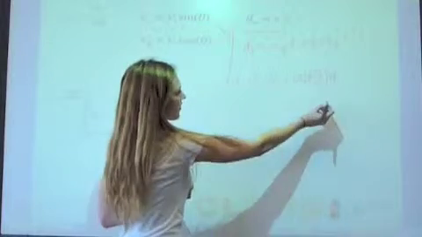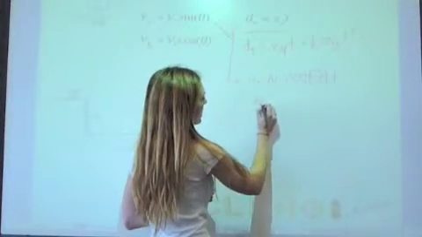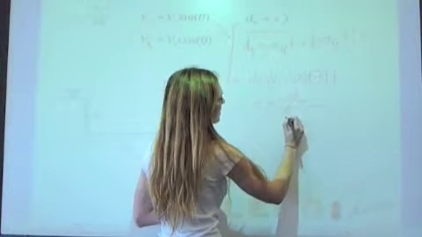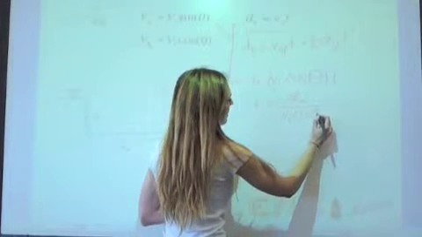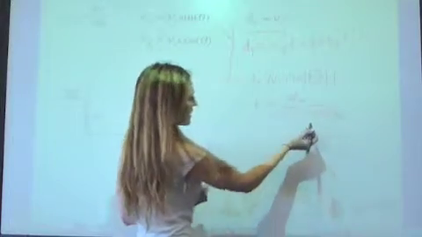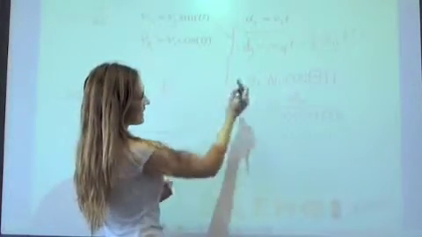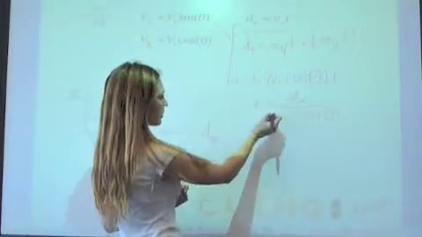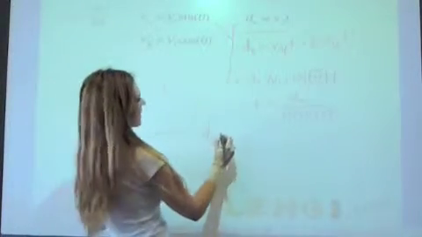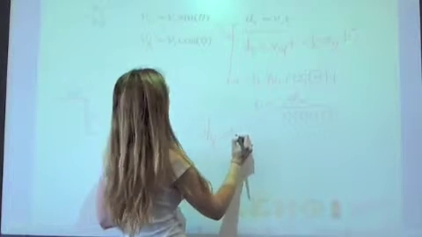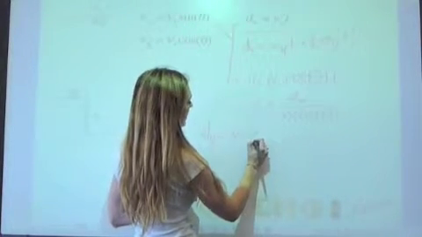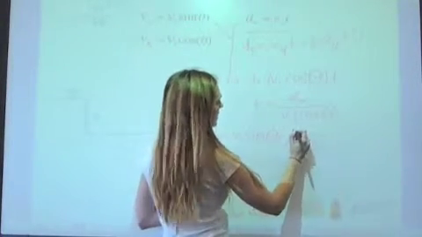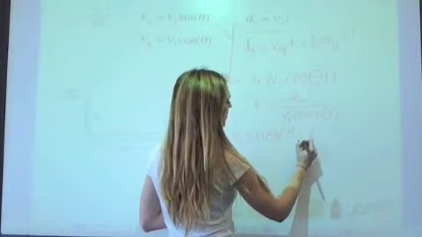Then we want to solve for time, so I'm going to bring that over, and we get t equals dx divided by the initial velocity times cosine theta. Now we plug that into dy equals viy t plus one half a t squared, and what we know viy to be equal to is the initial velocity times sine of the angle, multiplied by time, which we just solved for.